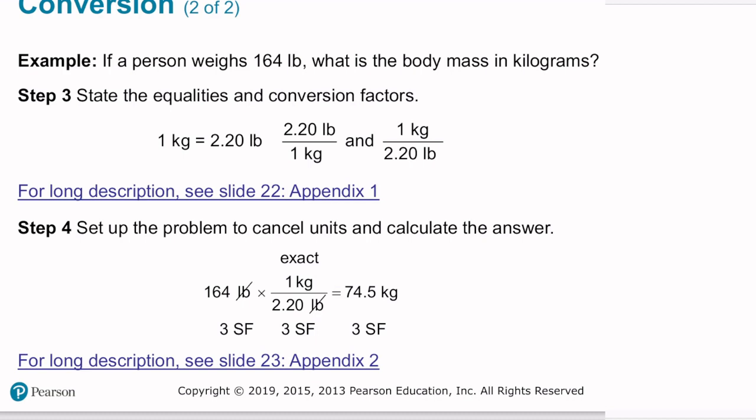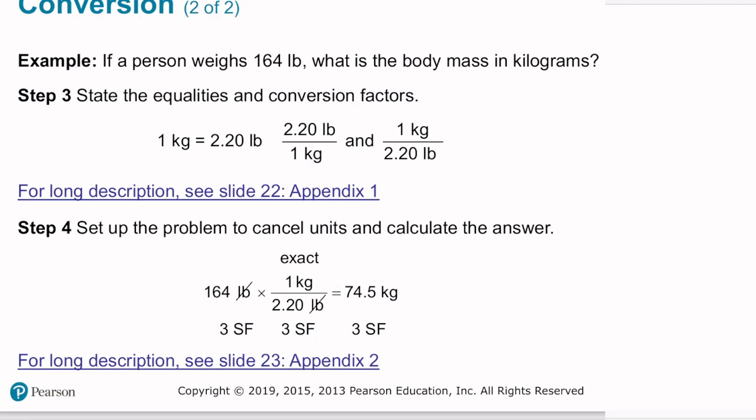This is an equality. So we can use a fraction to do our conversion. Because 2.20 pounds divided by 1 kilogram would be equal to 1, because this is an equality, when we multiply by that fraction, we haven't changed the essence of our number.